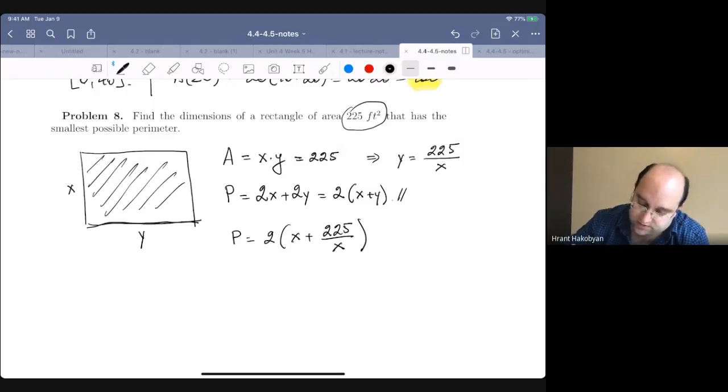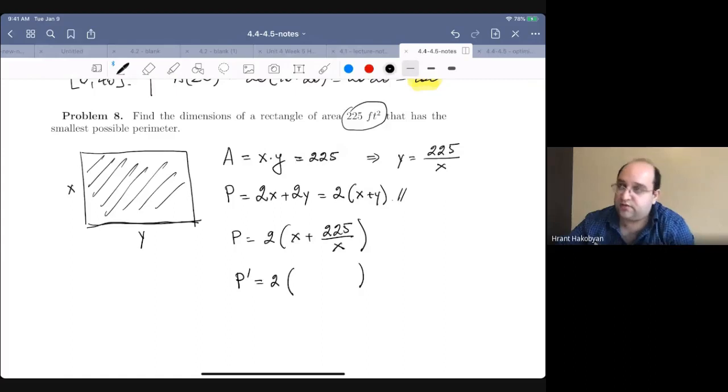So for that I have to take the derivative. P prime is going to be 2 times the derivative of x, which is 1, and then the derivative of 225 over x. The derivative of 1 over x, which is x to the power negative 1, is negative 1 over x squared.